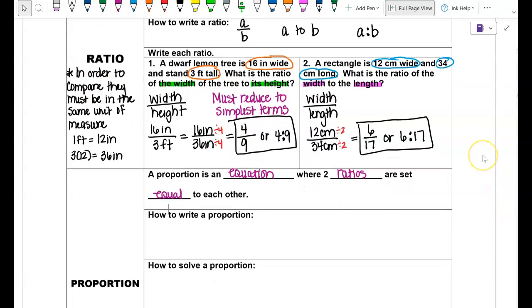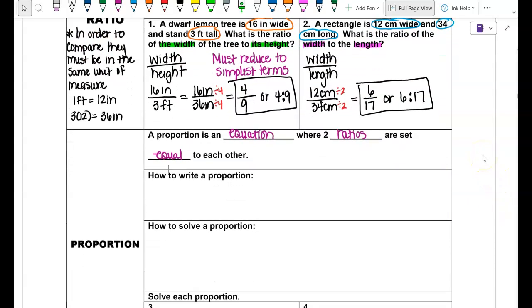So now we're going to be taking ratios, setting them equal to each other, which makes them proportions. A proportion looks something like A over B equals C over D. So you have your two ratios that have been set equal to each other.